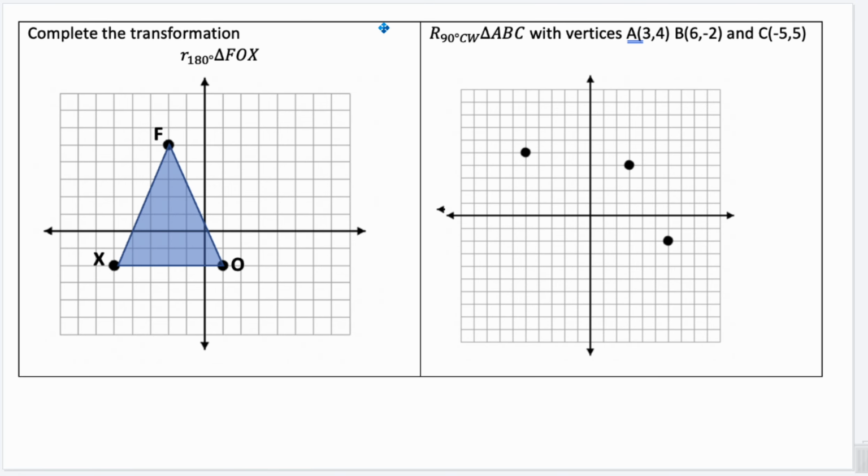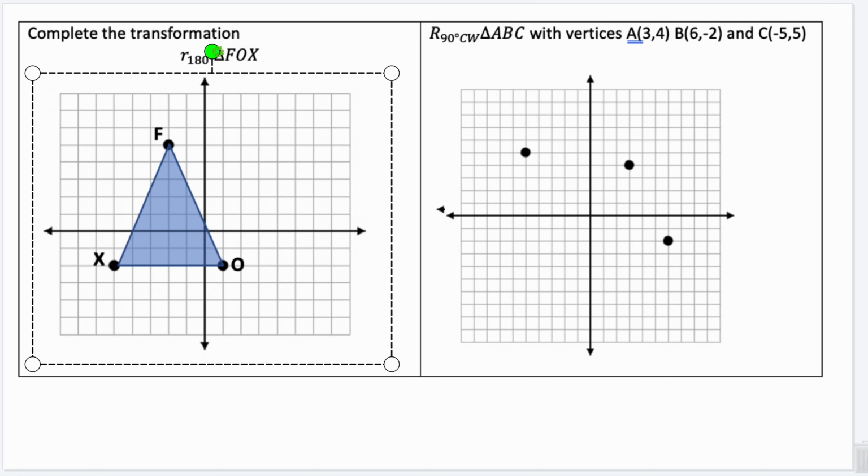So if I asked you to complete the transformation of rotation of 180 degrees on triangle FOX, I would first note that F is going to be at negative 2, 5. O is going to be at 1, negative 2. Actually, we don't even need to do that.